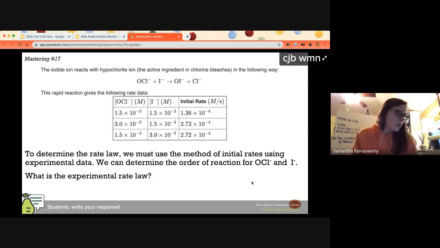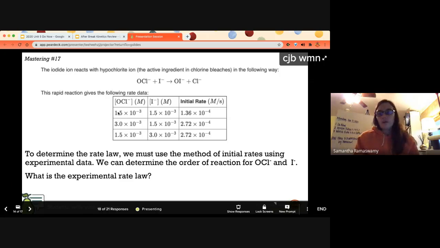As some people are still typing, let's take a look at the data here. Let's look at how OCl minus changes and I minus stays constant. That's between the first and the second trial. OCl minus doubles. It goes from 1.5 to 3 times 10 to the negative third. So when OCl minus doubles, the rate doubles.